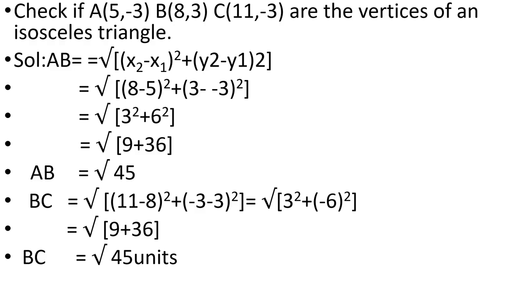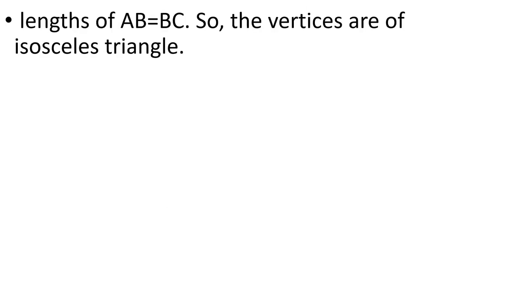That is nothing but 11 minus 8 whole square plus minus 3 minus 3 whole square. So 3 square plus minus 6 whole square, which is again 9 plus 36 is equal to root 45 units. So the lengths of AB is equal to BC. So the vertices are of an isosceles triangle.